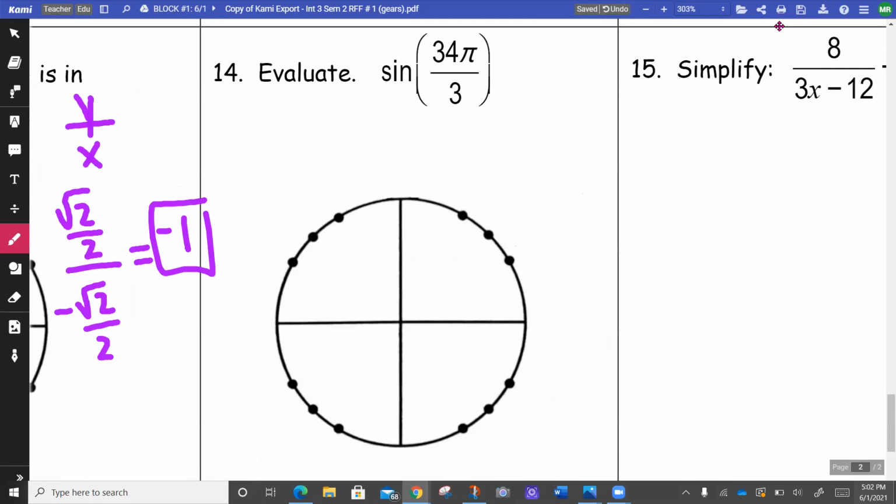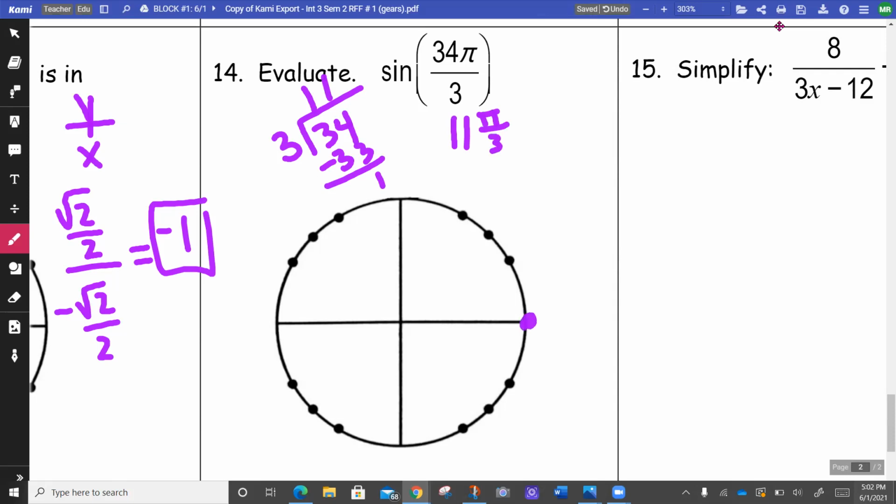Um, 14. So what I would do, instead of trying to go around the circle over and over again, take 3 into 34. So 3 goes into 34 11 times, which is 33, with 1 left over. So basically, this is the same as 11 and 1 pi thirds.